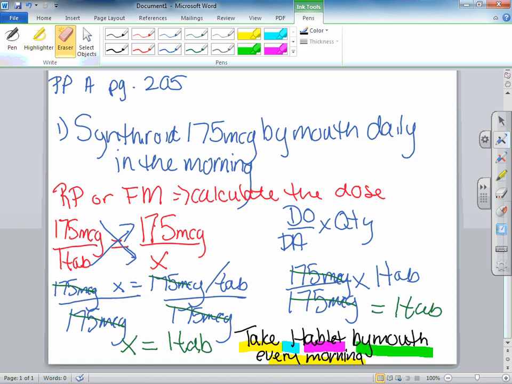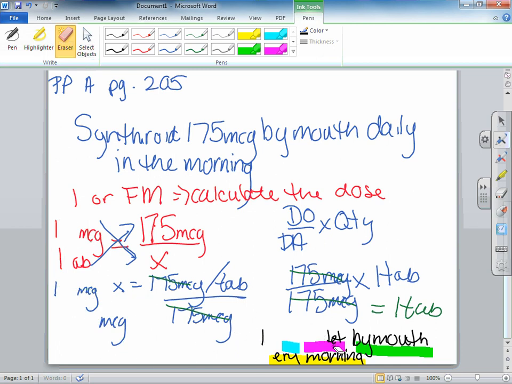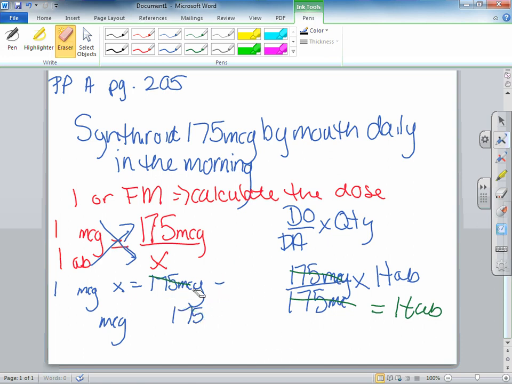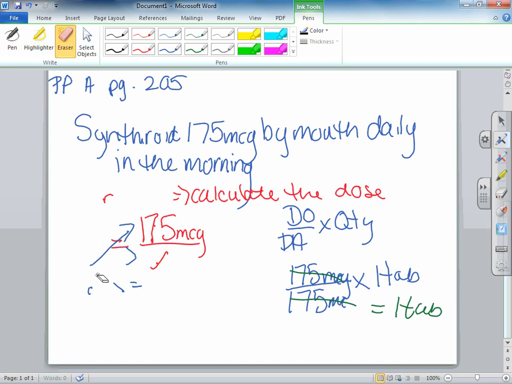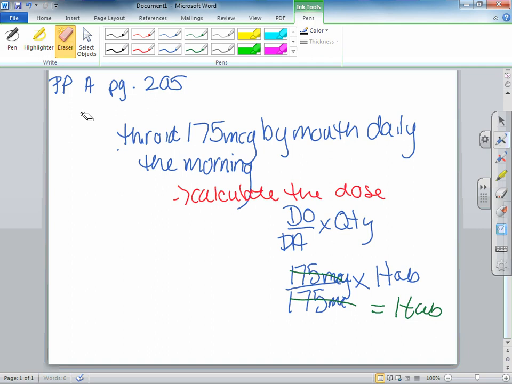Well, let's do number 2. I'll do number 2 with you guys. Again, when you are solving these problems, you are going to choose the method that best fits your comfortability. All right. I personally like to do the formula method. I'm going to solve using both methods.